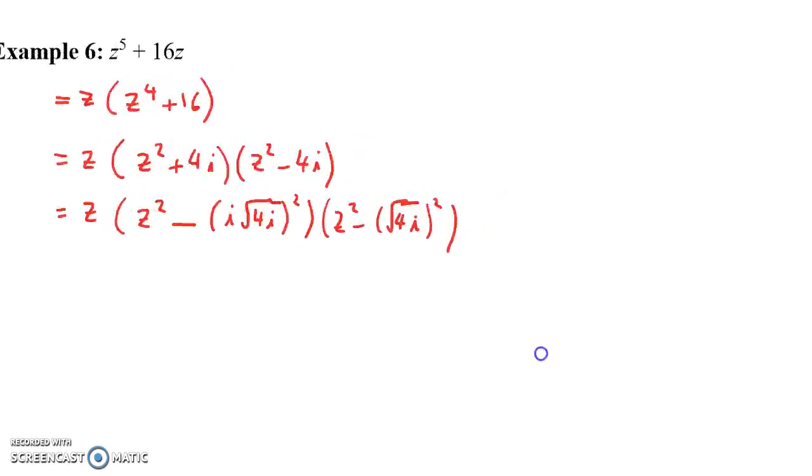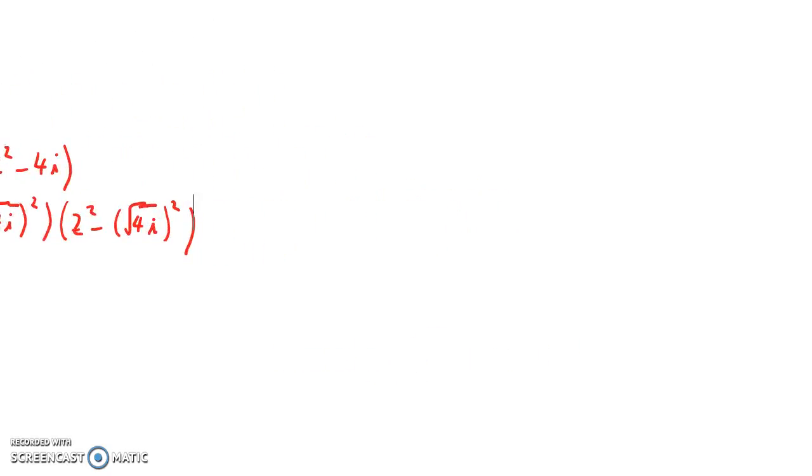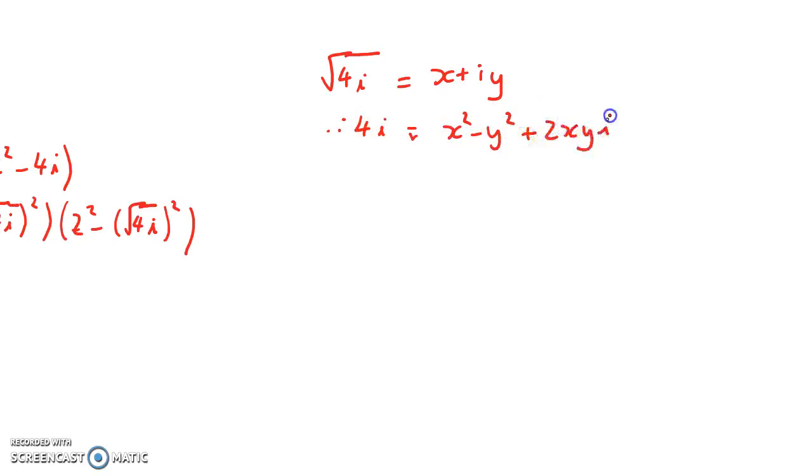So I'm just going to move my page across and do that here. The square root of 4i is equal to, we'll label it x plus iy, and we're going to then have to use our previous technique. It's x squared minus y squared plus 2xyi.